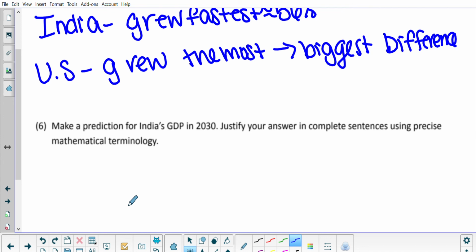In this case, we want to use the percent, and we're going to assume that for the next 10 years, they're going to grow the same amount. Okay, they're going to grow just as fast. So I want you to find out, what would India's GDP be in 2030? And remember, we grew by that 56.5%.